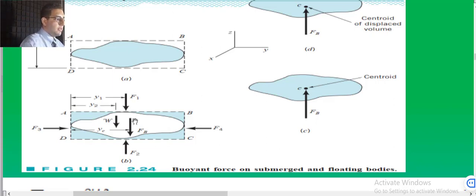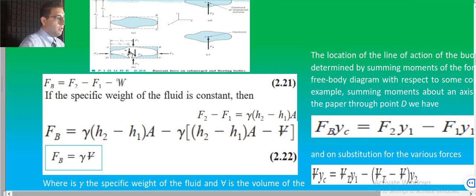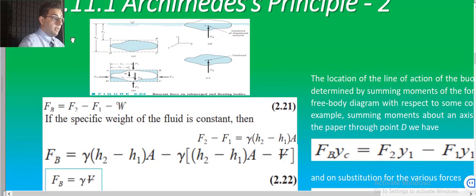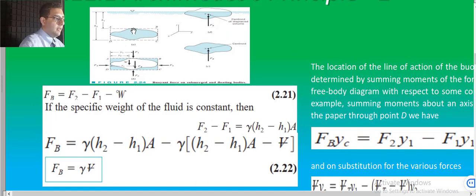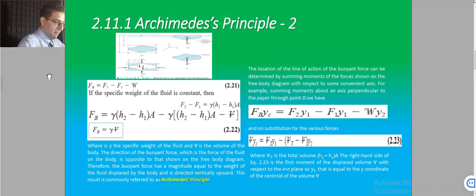There's a weight force here, and they're at a distance from the left side. So how are we going to calculate them? Also, please pay attention to the height of the upside and the downside from the free surface.